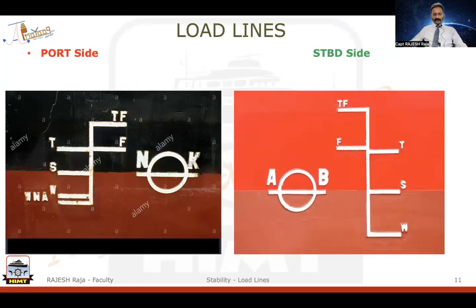This picture I've repeated for a particular reason. I'm going to show you again how to remember which is a port side and starboard side. Just a quick recap. This is your Plimsoll mark or your disc or your circle, which will be exactly at the midships. Midship is half of the LBP. Now the grid which you see will always be in the forward direction.